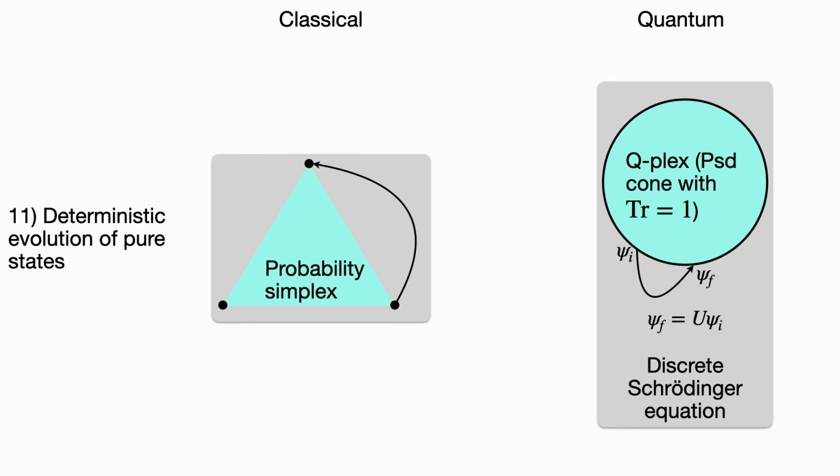Deterministic or unitary evolution of a pure state can be imagined as a transition within the surface of the set of all density matrices. One can also describe unitary evolution of pure states in terms of psi vectors or state vectors. The equation that describes this transition of psi vectors is called the discrete Schrödinger equation, and it is shown on the right hand side of the slide.